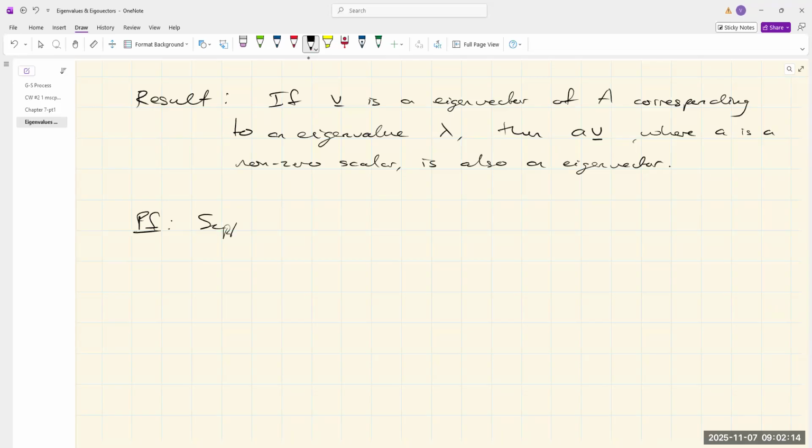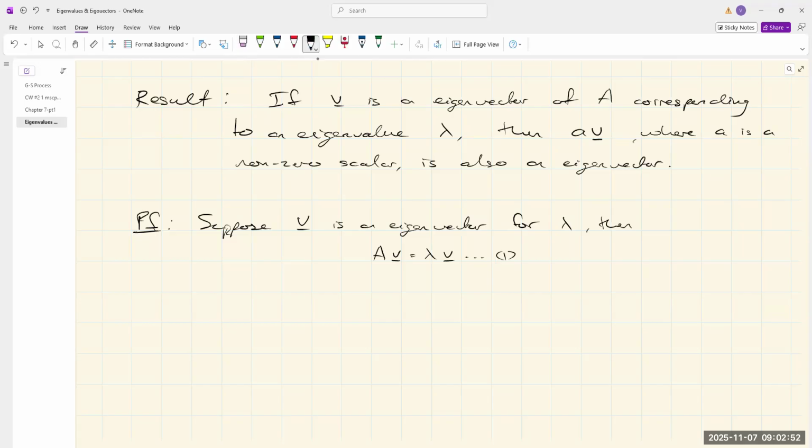So suppose V is an eigenvector for lambda. Then by definition, what does that mean? It means A times V equals lambda V. That is what it means to be an eigenvector V for an eigenvalue lambda. We call this equation 1.